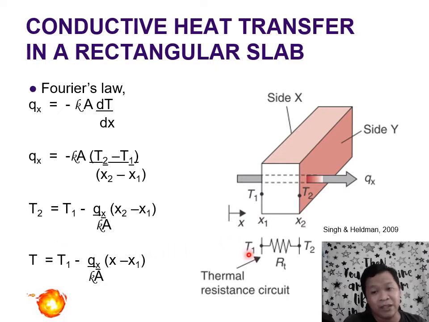So in this case, we treat the slab thickness as similar to a thermal resistance circuit. Okay, and we can use the principles in circuit sa electricity para gawan ng equations ito.